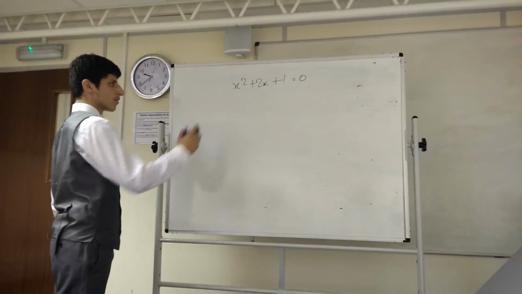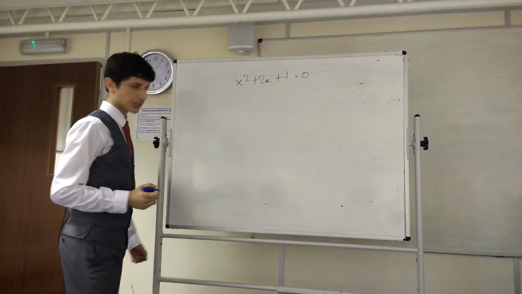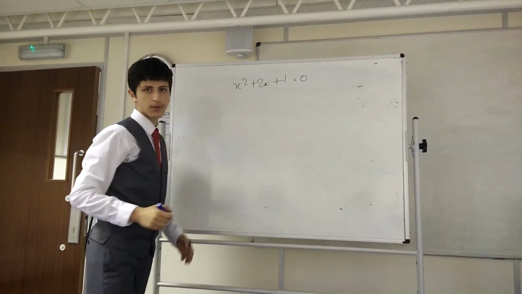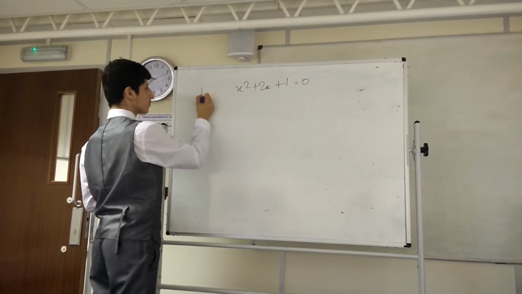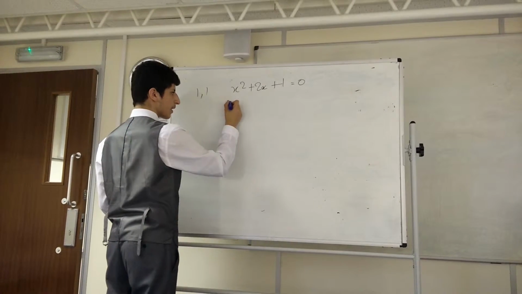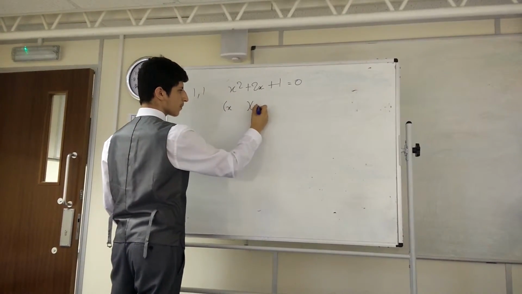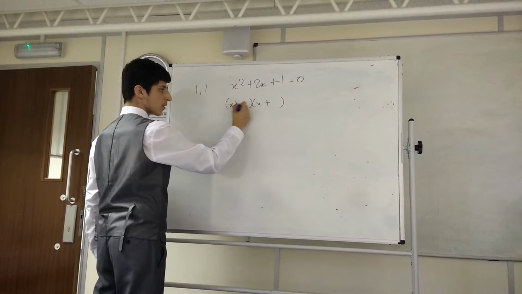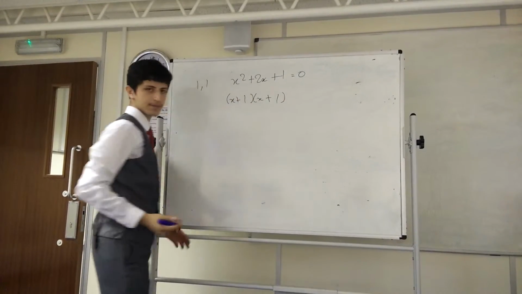Done. To solve this equation, we need to find two factors that add to give 2 and multiply to give 1. 1 and 1. To put this in two brackets, the whole thing's positive, and you put 1 and 1.